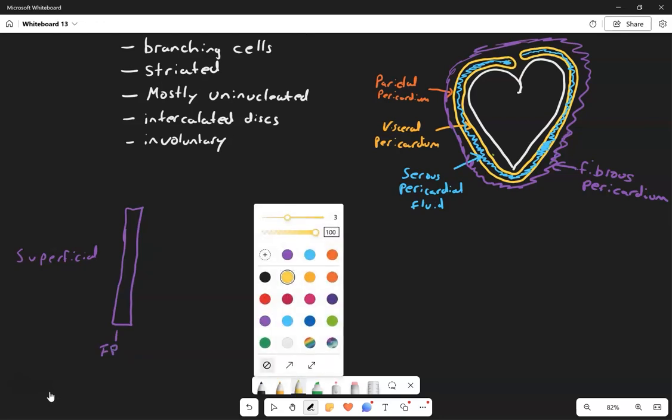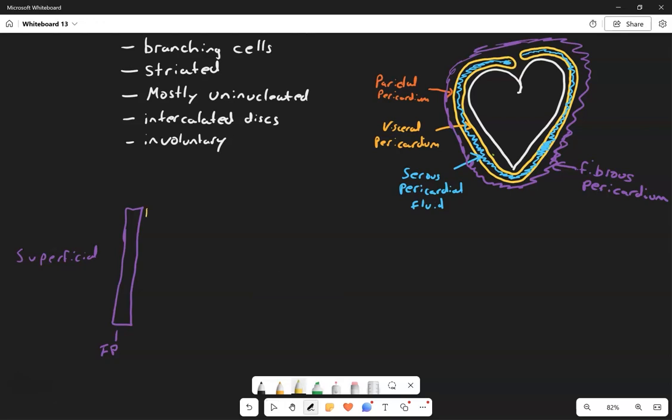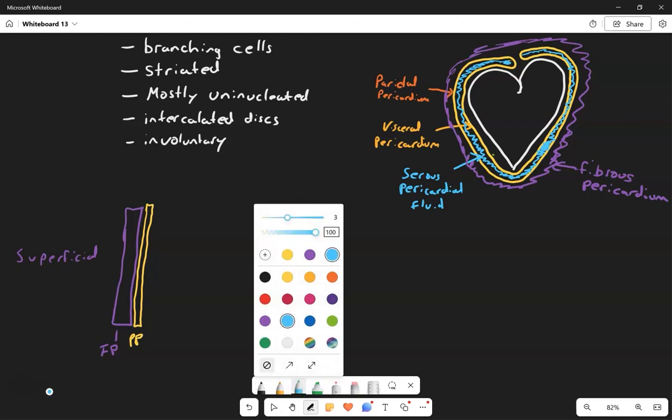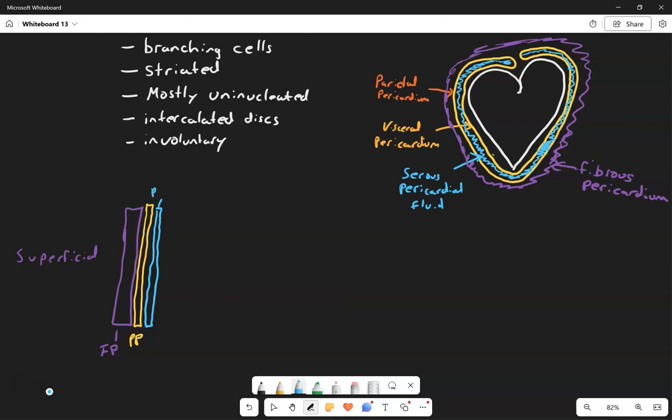Okay, so then deep to that, right, we are going to have the first layer of that serous membrane, right? So that is going to be the superficial layer. That's going to be the parietal pericardium. Okay, then we have our fluid. What's our fluid called? That's the pericardial fluid. Okay, then we have the other layer of the pericardium. Okay, so this is our visceral pericardium.